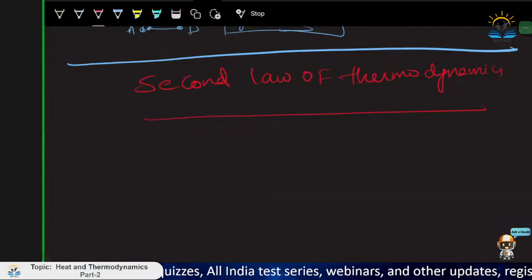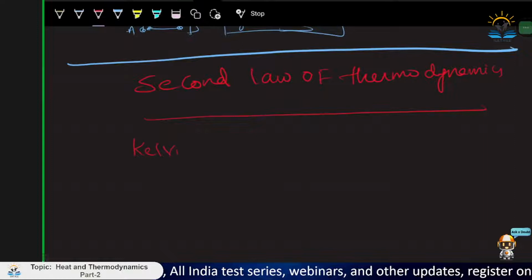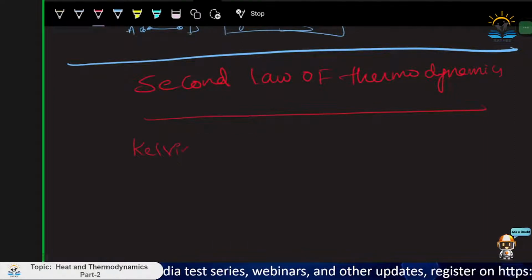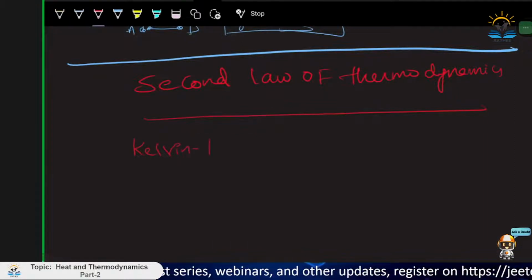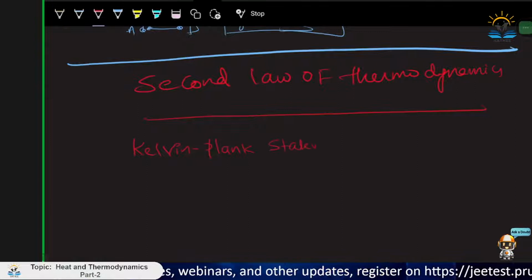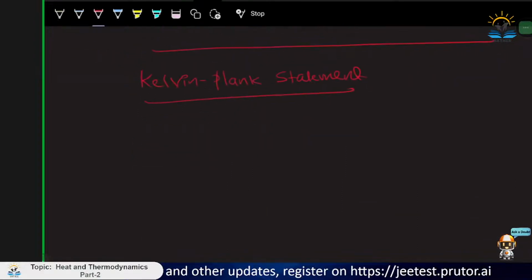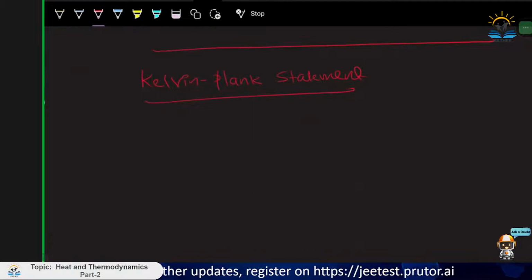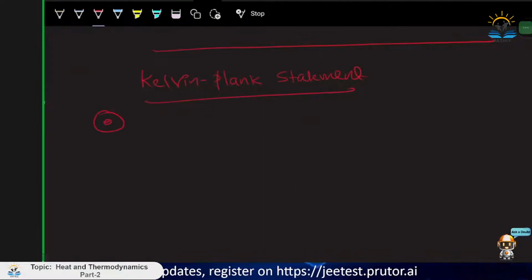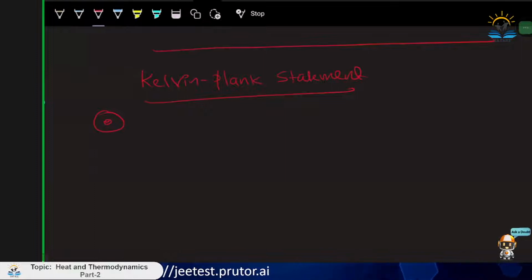As per the Kelvin-Planck statement, no process is possible whose sole result is absorption of heat from a reservoir and complete conversion of that heat to work.